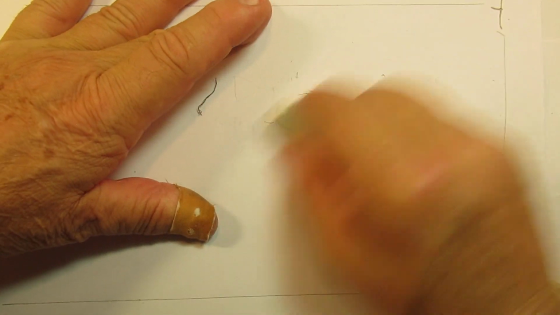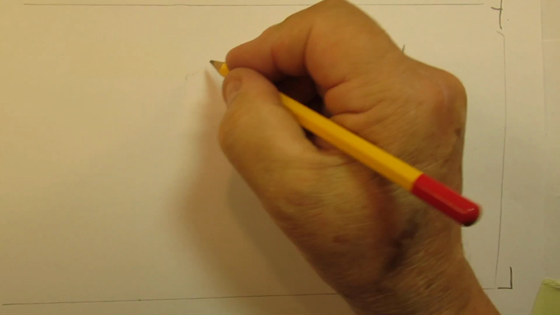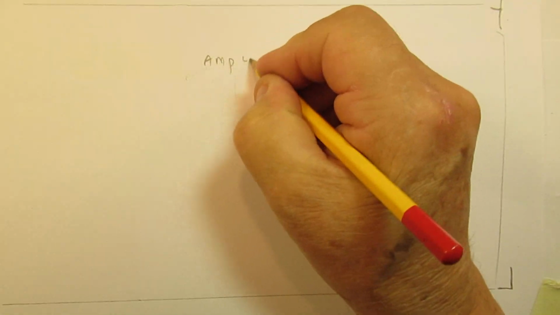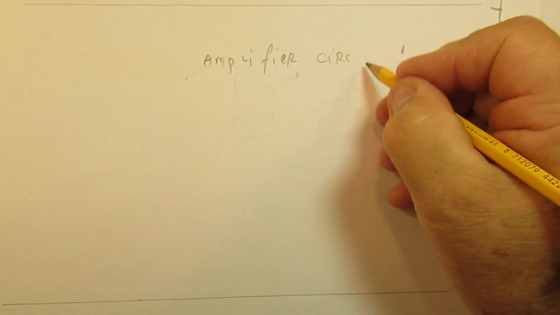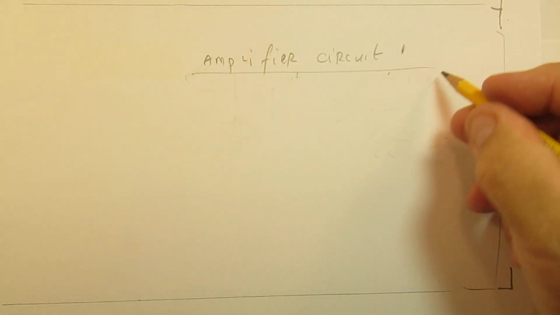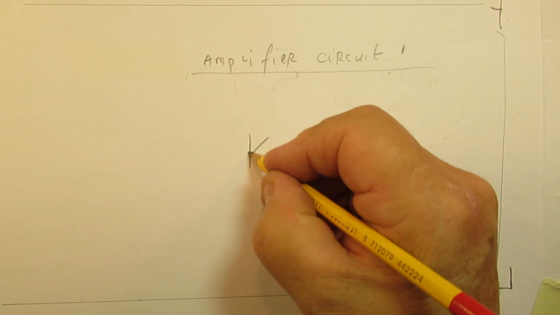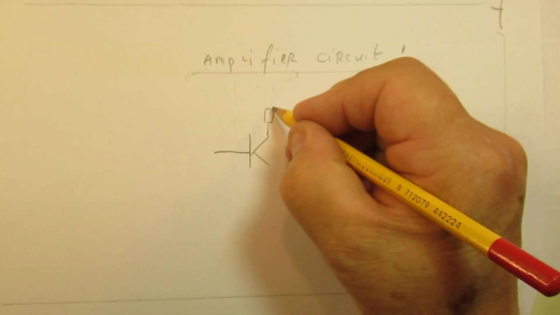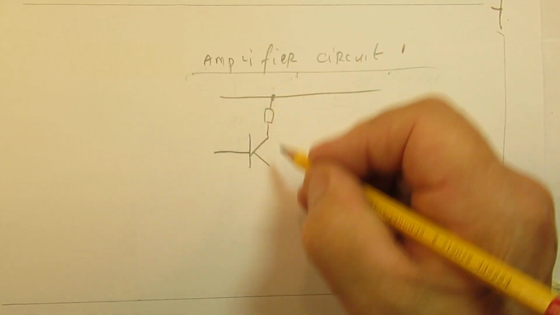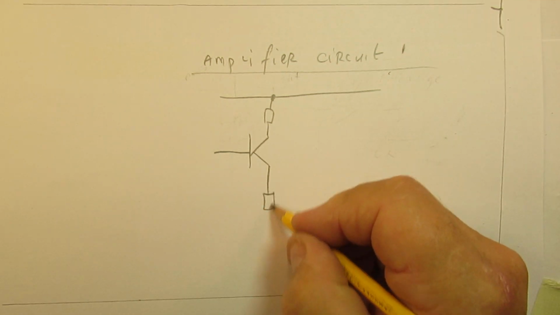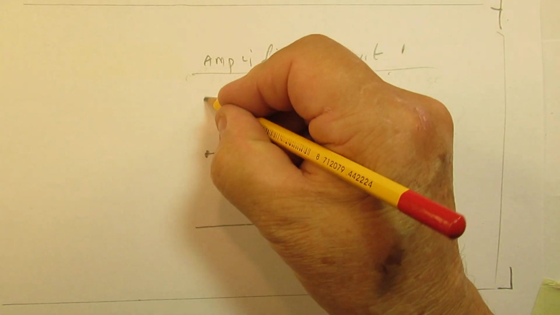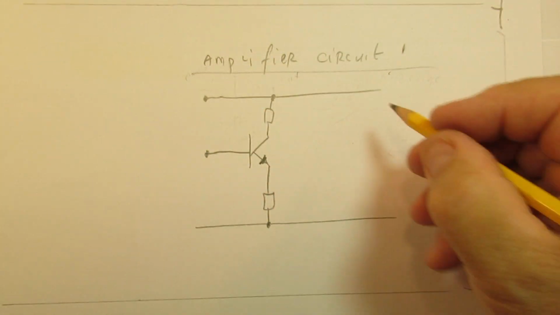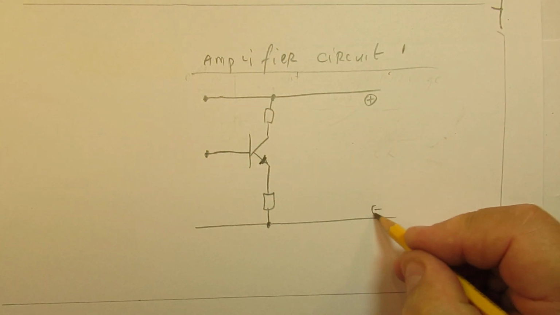Let's go to an amplifier circuit. And I take the classical grounded emitter circuit with an NPN transistor. That means that we have here the positive and here the negative.